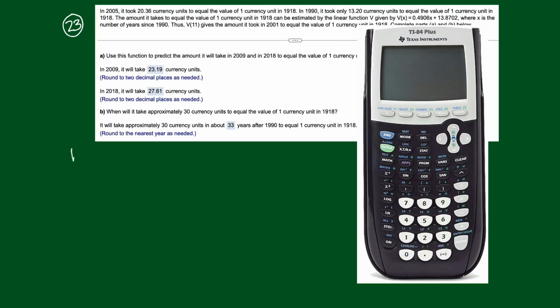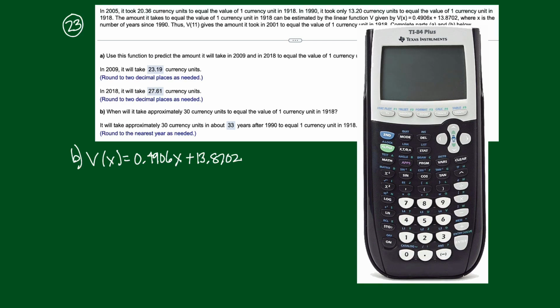In part B, we are asked some question, but before I go on, I'm going to rewrite the function so it's right in front of us. V of x is equal to 0.4906x plus 13.8702.